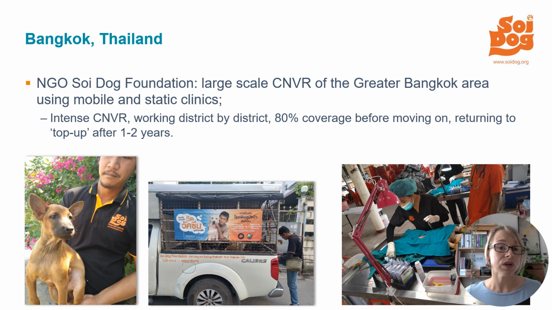And computer modelling suggests that this front-loading followed by maintenance approach may be more effective than spreading your sterilisations evenly across time. So you can end up decreasing your population further for the same number of sterilisations if you do this front-loading of effort followed by maintenance.